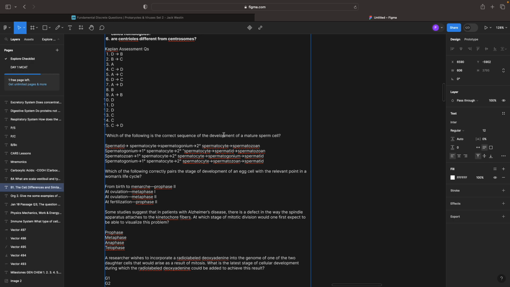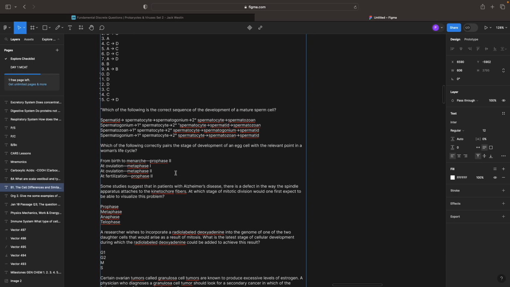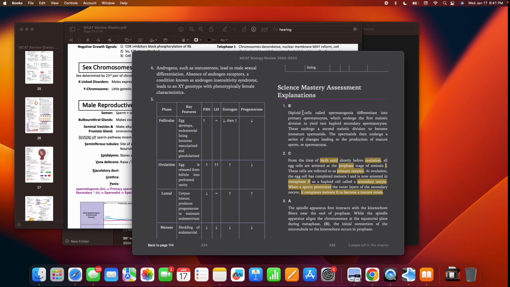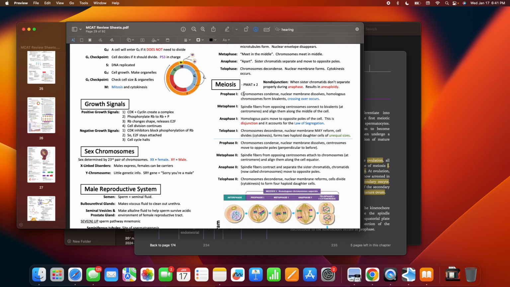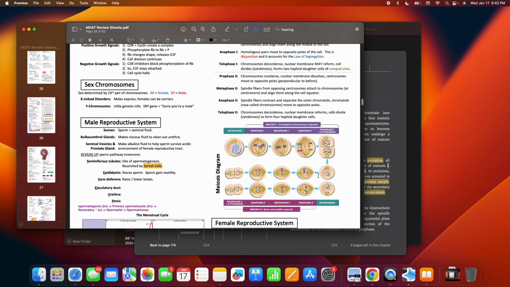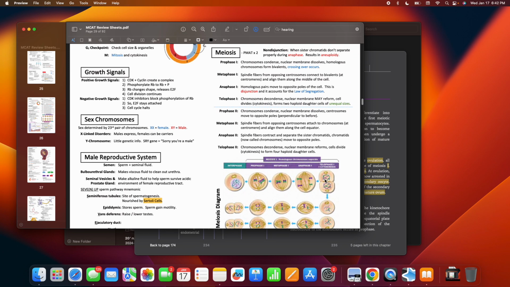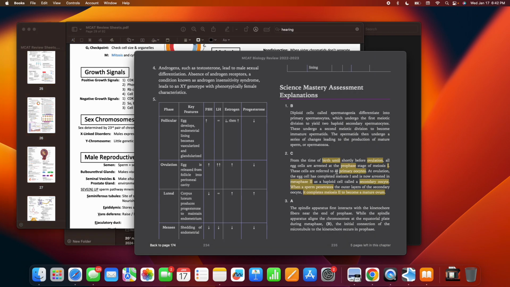So we need to know the maturation of both sperm cell and egg cell. So what part of the life cycle is that? The stages are PMAT 1 and PMAT 2, and let's actually go through this here. We expect, like in telophase 1 or cytokinesis, that it turns haploid.